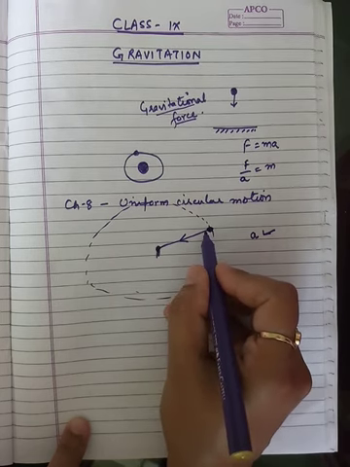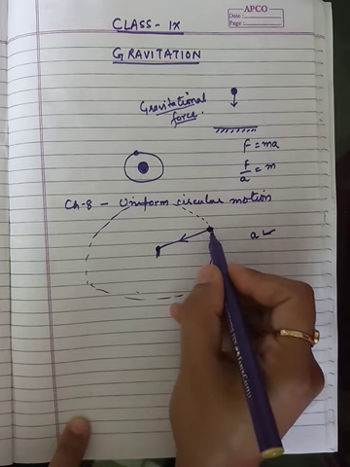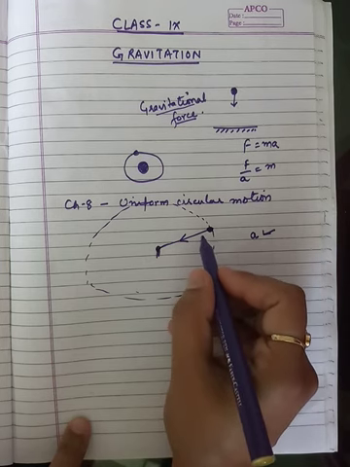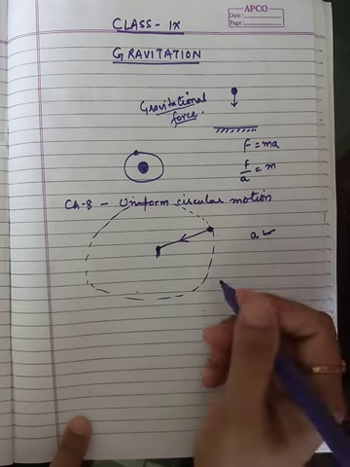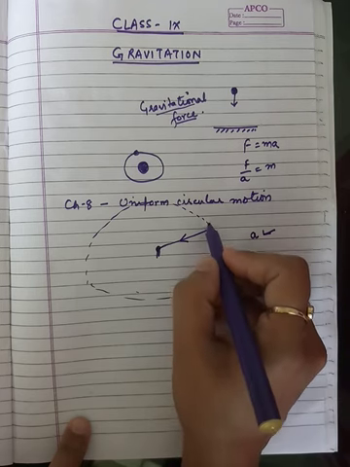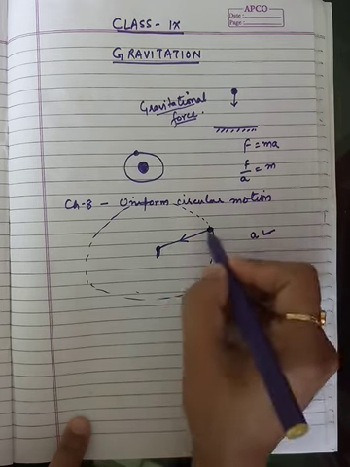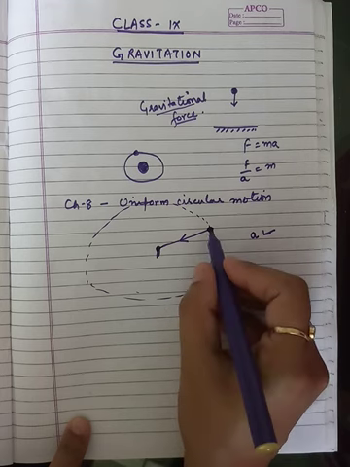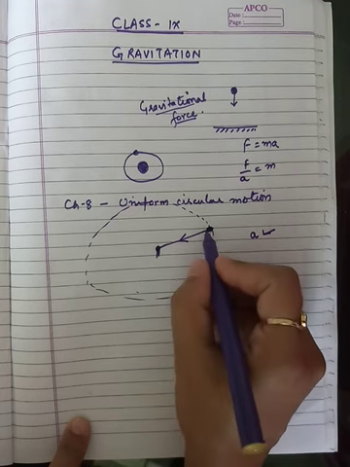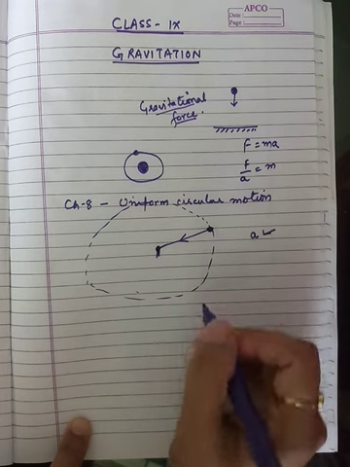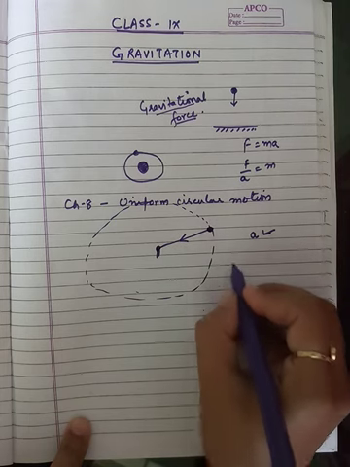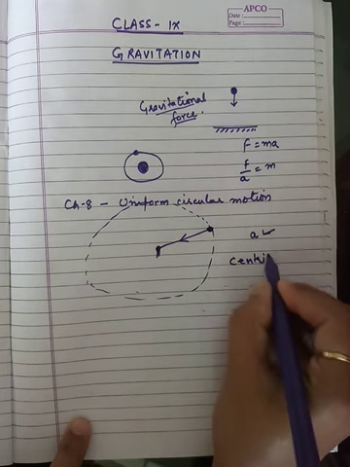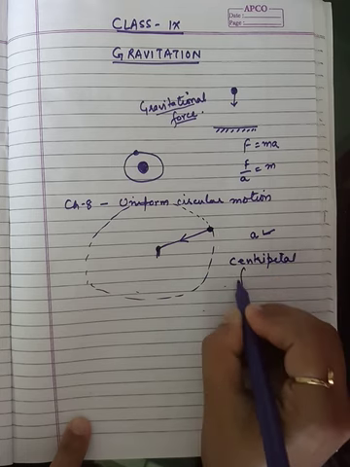to the thread, and there must be some force exerted by the stone also, according to the third law of motion. So between these two objects there must be some force which is acting as a centripetal force, that means center seeking force.